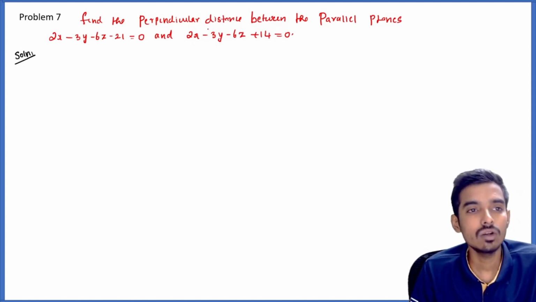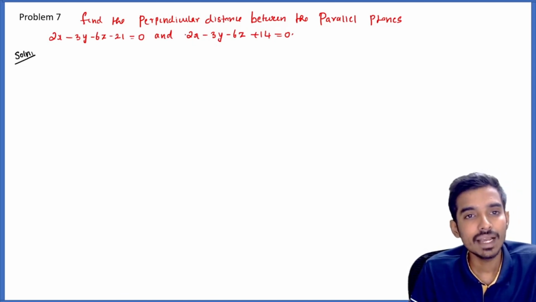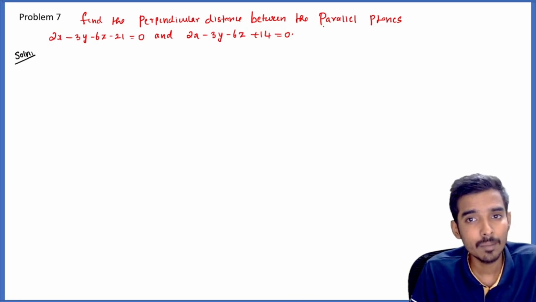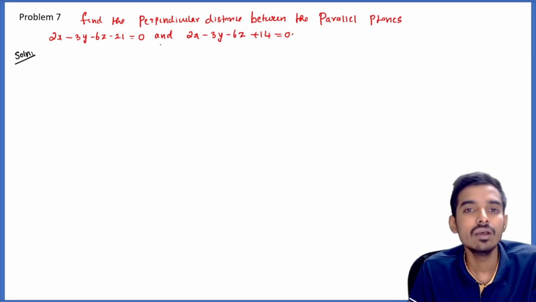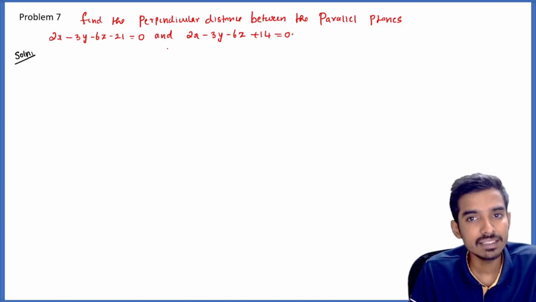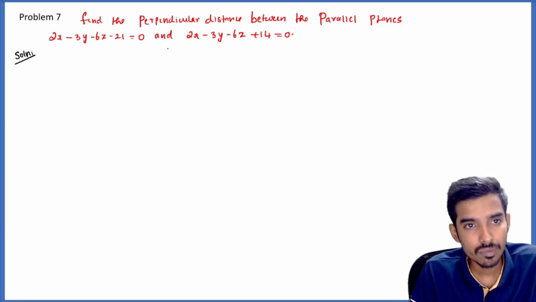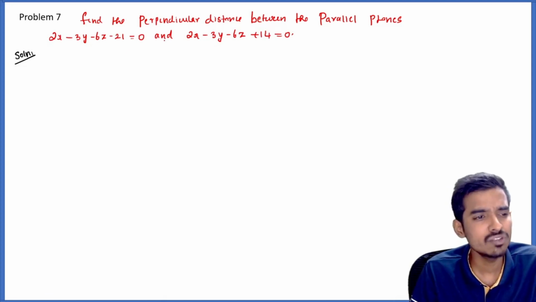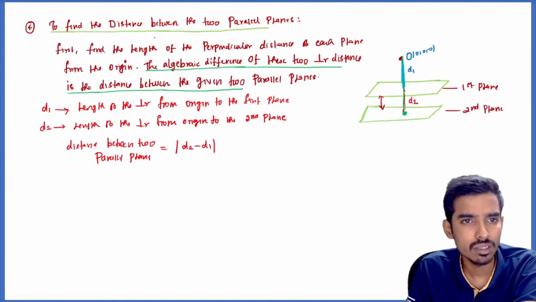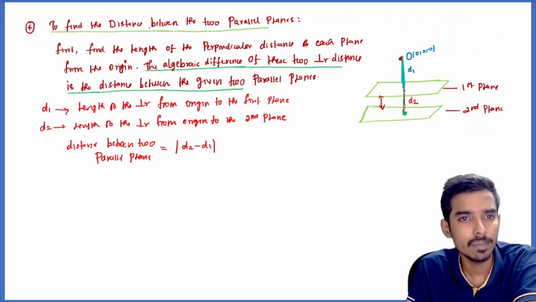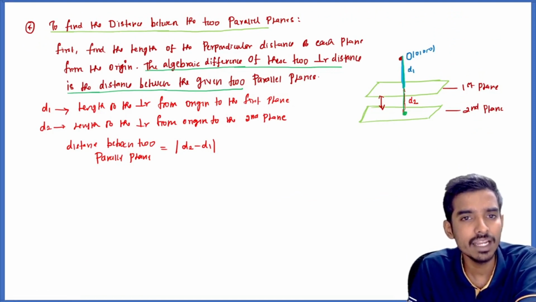Now we'll move on to problem number 7, to find the perpendicular distance between the two parallel planes. We already saw note 4 in the previous class. We know how to find the perpendicular distance between two parallel planes.